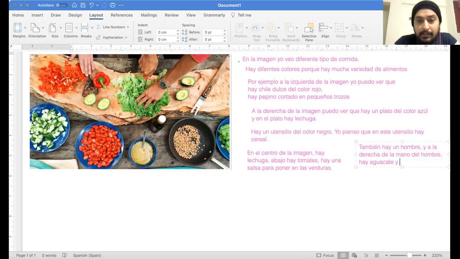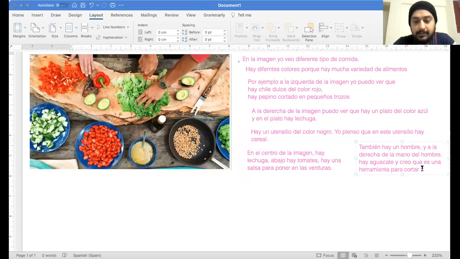y creo que es una herramienta para cortar. If you don't know that it's a knife, you can say es una herramienta para cortar.